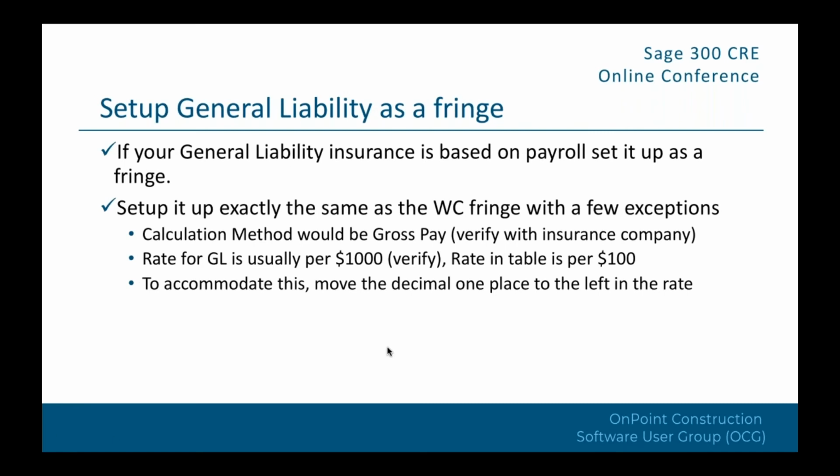So now over to general liability. If your general liability is based on payroll, then set it up as a fringe. And instead of the fringe being called WC, like the work comp is, set it up as GL.